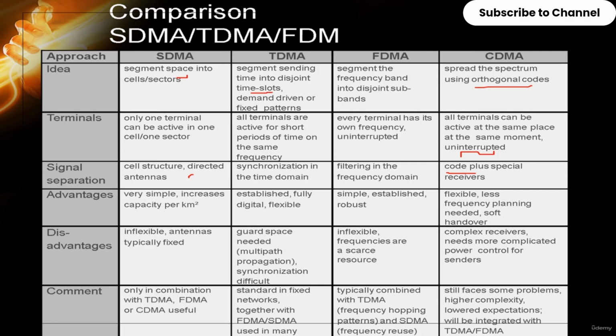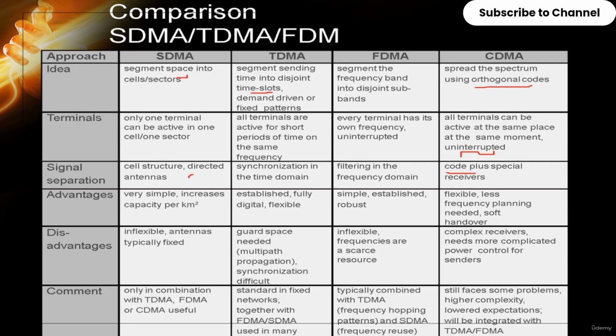The drawback of SDMA is inflexible antennas in terms of antennas and particular scenarios. It is not flexible. Whereas in TDMA, the guard space is needed, we saw the guard space already. With multipath propagation, synchronization is very, very difficult. It needs to travel multipath.